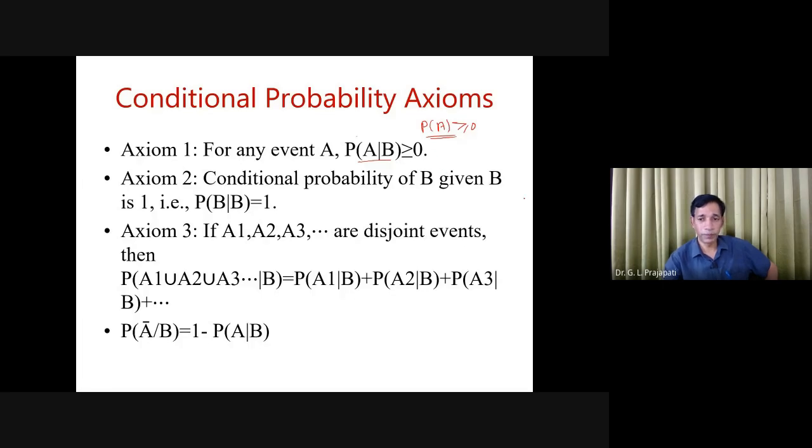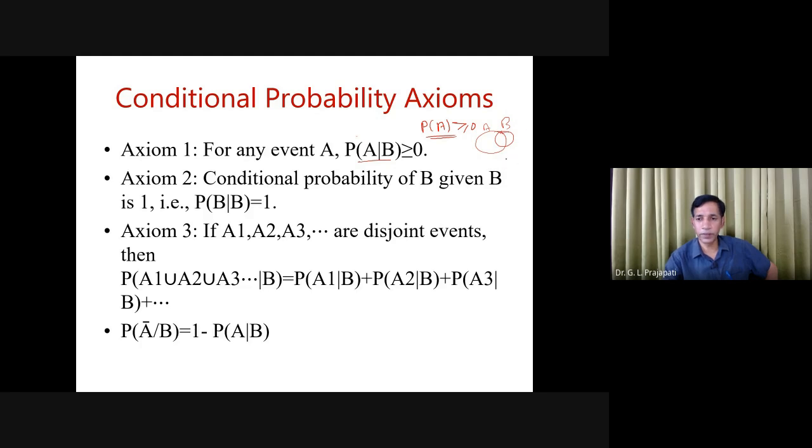When A is equal to B, this is the B, and this is the A. And if the intersection is equal to B, it means complete.